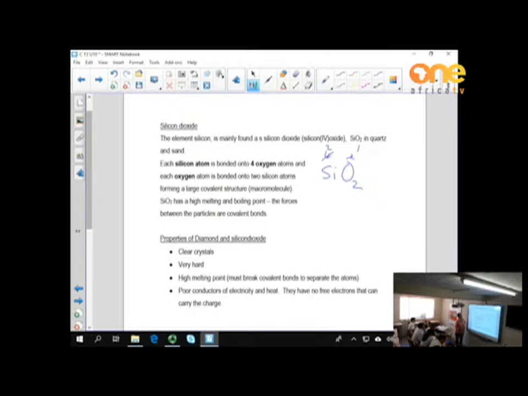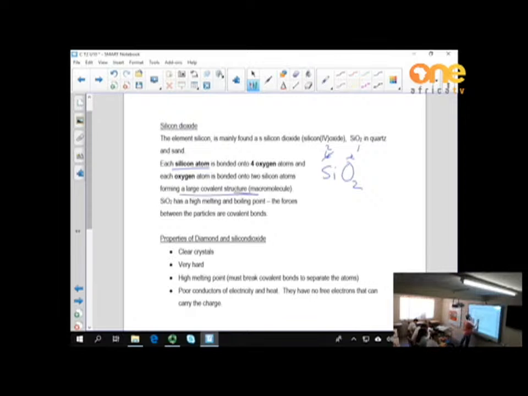We find that each silicon atom is bonded onto 4 oxygen atoms. Okay? How many bonding places does oxygen have? 2. So each oxygen is going to be bonded onto 2 separate silicons. Do you understand? Yes, it makes it very strong.